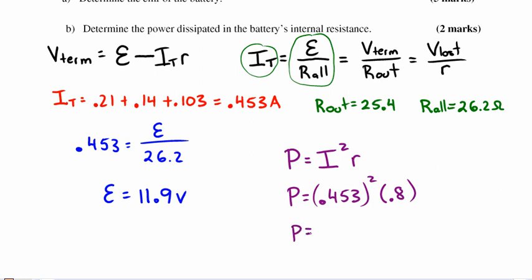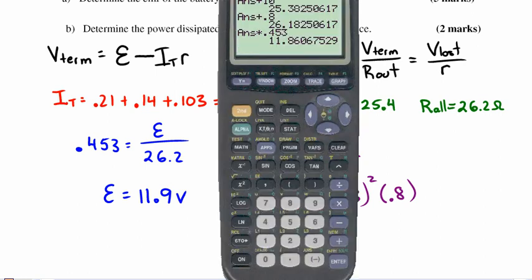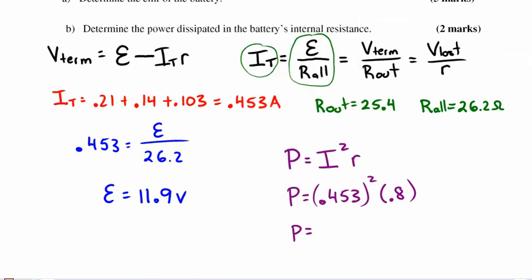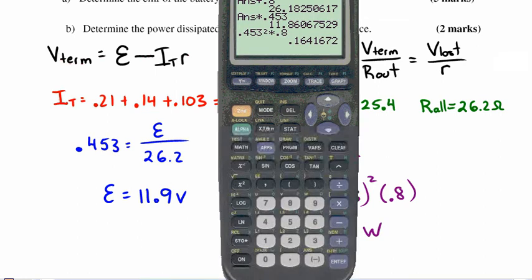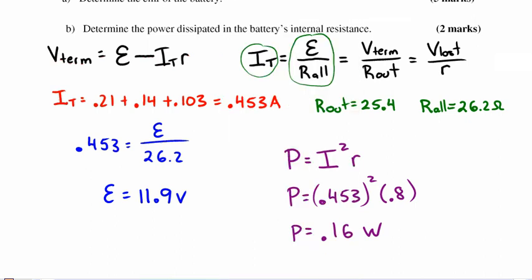And so that power ends up being, let's find out here, 0.453 squared times 0.8. Somewhere around 0.16 watts. Yeah, that looks right, 0.16, 0.164, either of those would be fine.